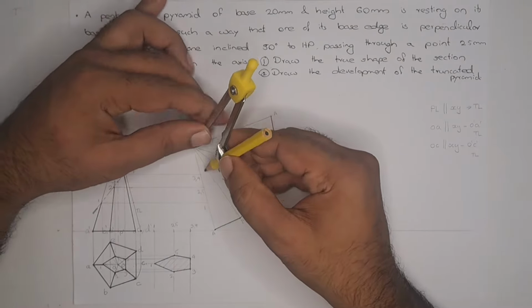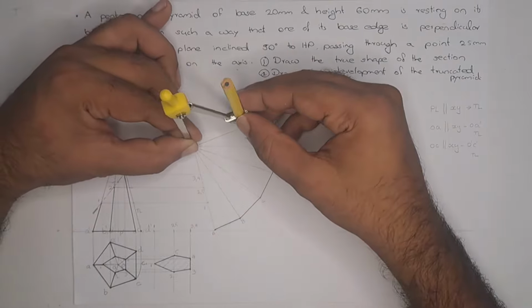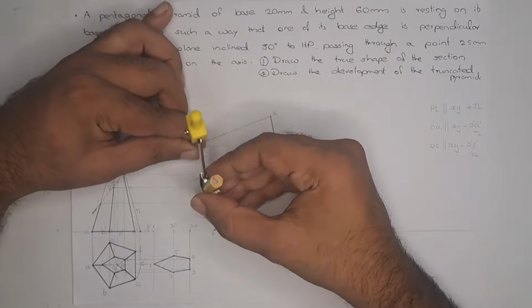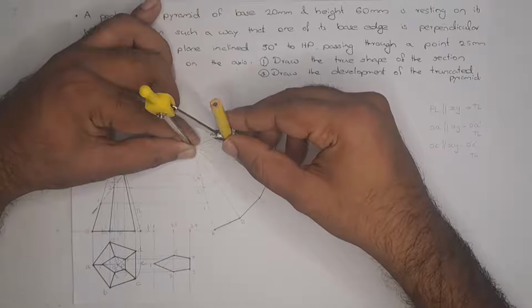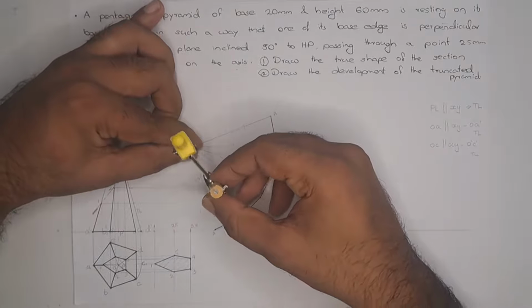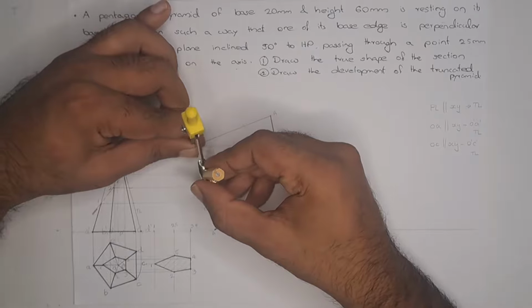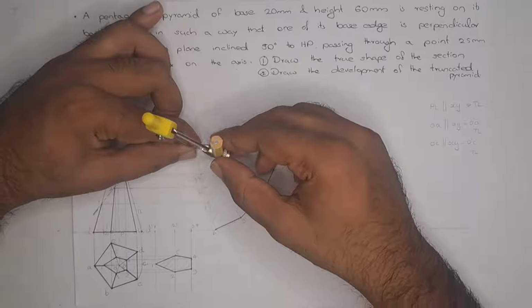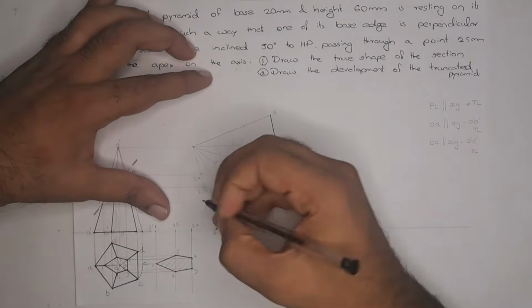Now we can draw the arc 1 to A and A here, 2 to B and E, 3 and 4 to C and D. So we get the points.